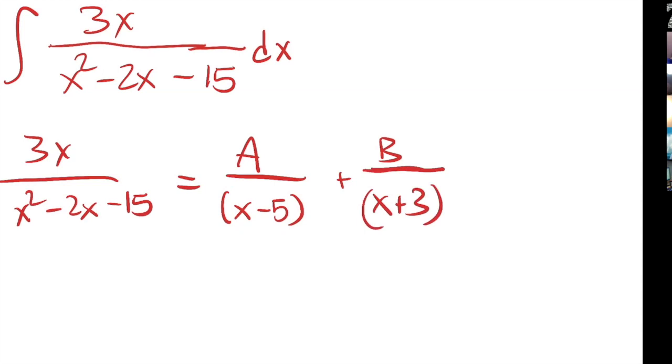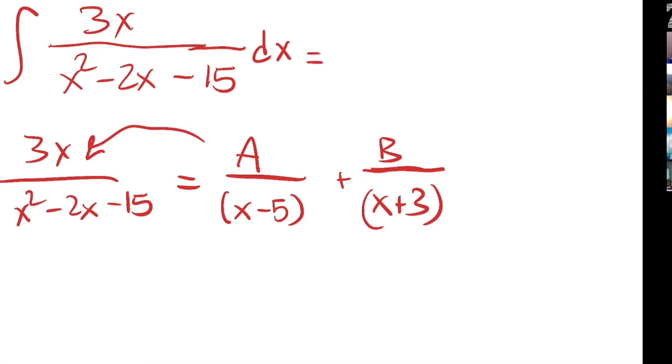And so you recognize that I can factor the denominator, so it's possible to write this as a sum of two fractions, each of which I can integrate separately. And so the idea is we can split up integration with sums. And so if I can break this up into two sums, then I can split it up and integrate each of those. So it really becomes an algebra problem of finding the values for A and B so that when I add these together, I get 3x on top.